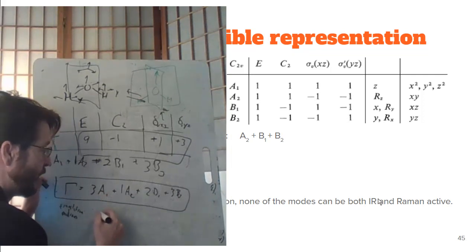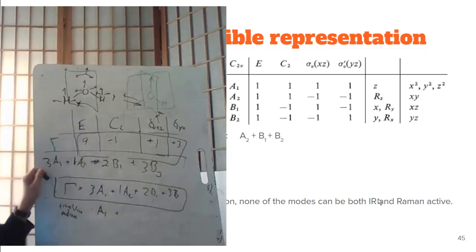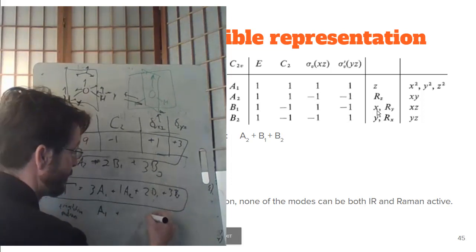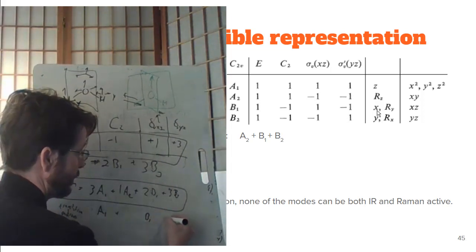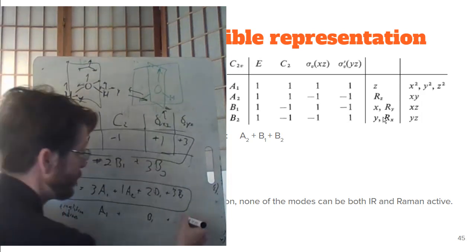And so we take care of one of the translations, A1. Let's see what else we got. The x-axis is transformed as a B1, plus a y, which would be a B2.